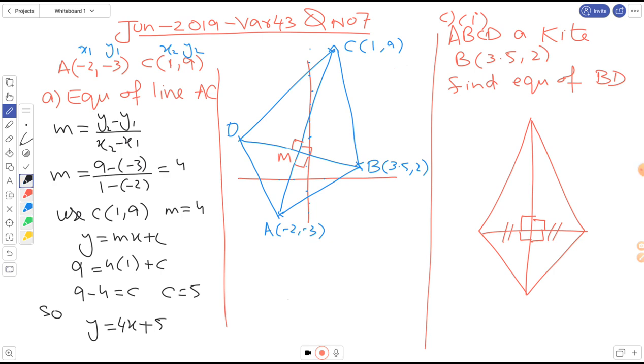This is a kite shape. This is the longer diagonal, whereas this is the shorter diagonal. The shorter diagonal is bisected by the longer one, I mean to say both lengths are equal to each other. So this gap and this gap are equal. In this sense, I can say that this point is a midpoint.